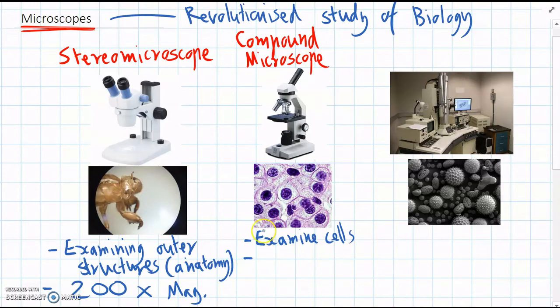So generally the living thing has to be dead, and we need to slice it and then add it to a little glass slide. And this is called a section, sections of tissue of the living thing. And compound microscopes zoom in a lot further, anywhere up to 1,500 times.